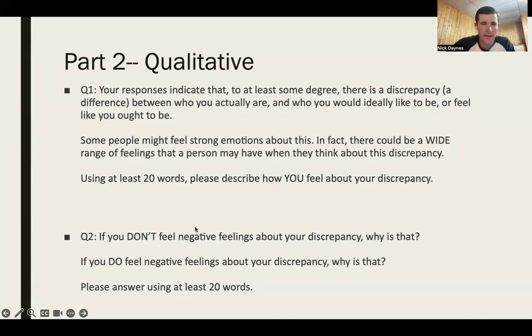Question 2. If you don't feel negative feelings about your discrepancy, why is that? If you do feel negative feelings about your discrepancy, why is that? Please answer using at least 20 words. Again, Brusso is brief, relevant, unambiguous, specific, and objective. So go ahead and pause the video and analyze it.